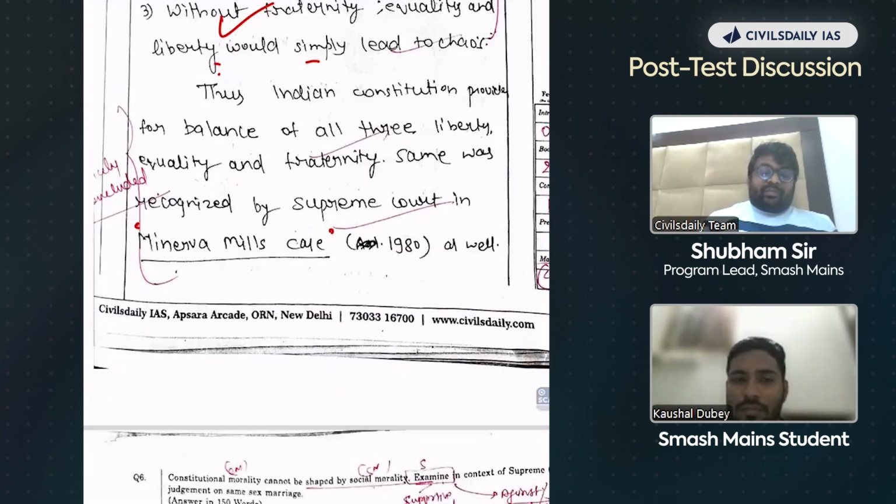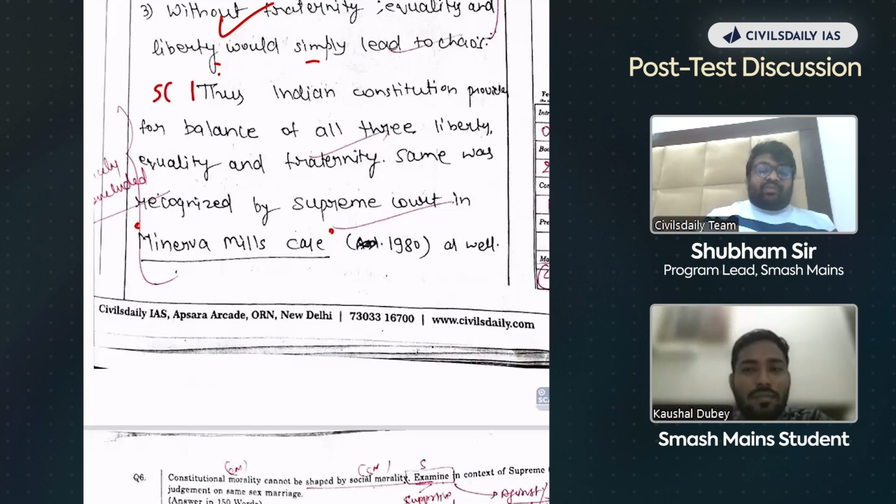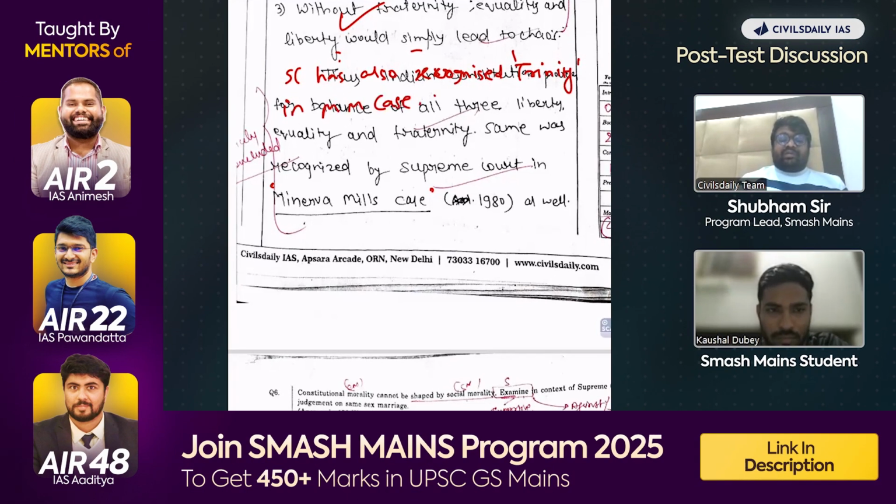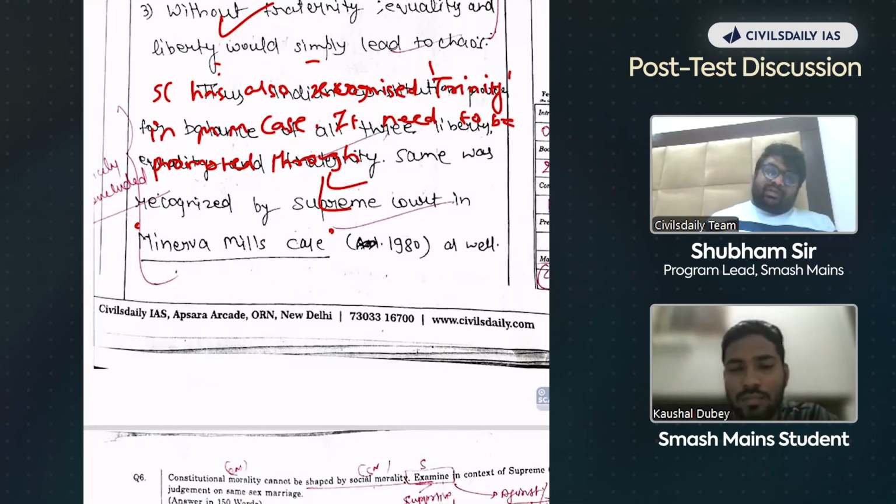Okay. Then you simply write that the Supreme Court has also recognized the trinity in the Minerva Mills case. It needs to be promoted through right, and this also you can write.